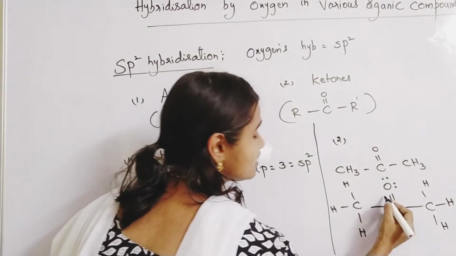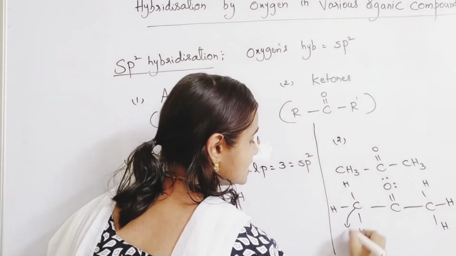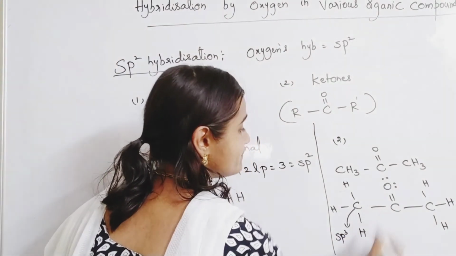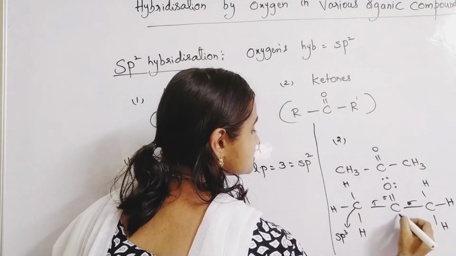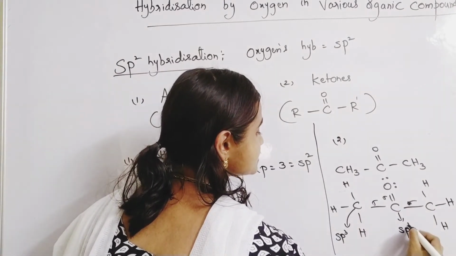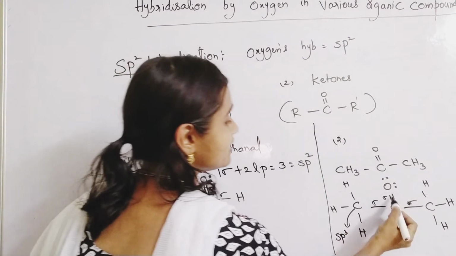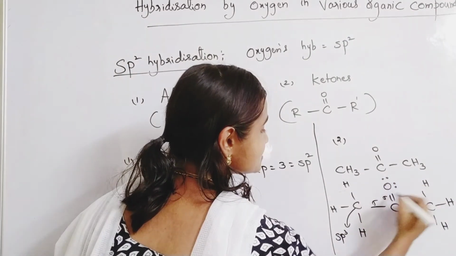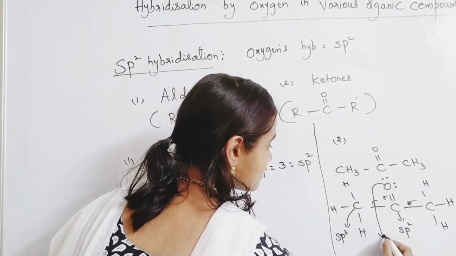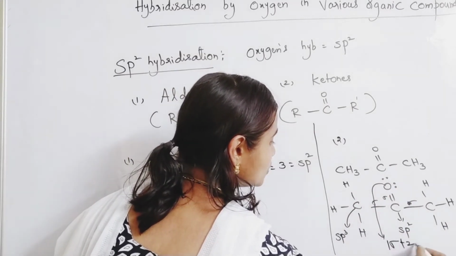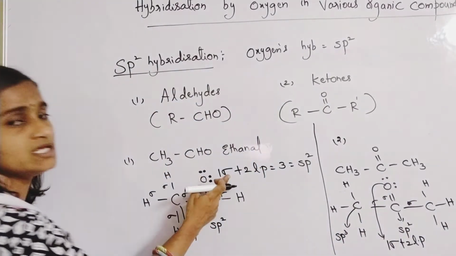Acetone, you can even call that. So here also you can find this is sp3 hybridized carbon, with 1, 2, 3 sigma bonds, so this is sp2 hybridized carbon. And for oxygen also you can see 1 sigma bond plus 2 lone pairs, as you have seen here.